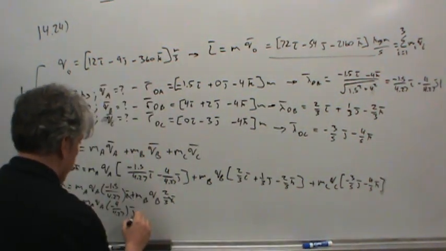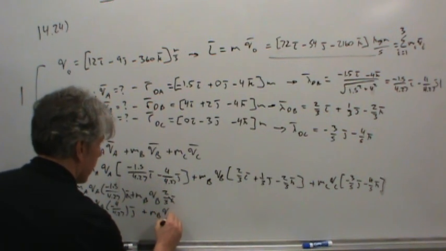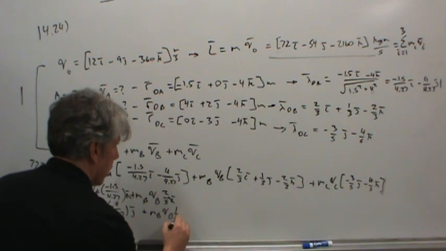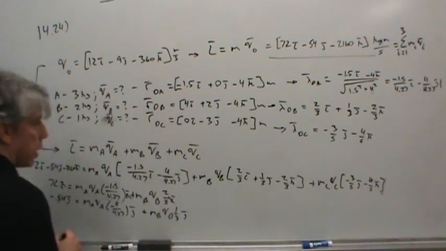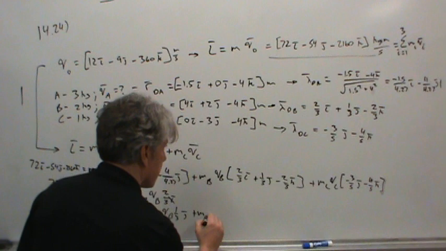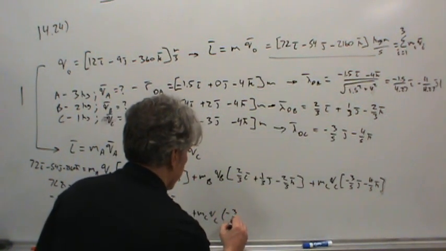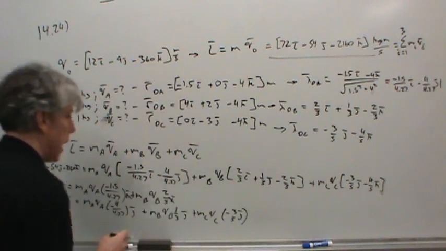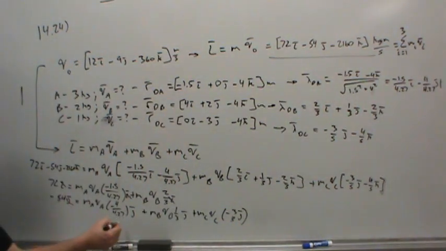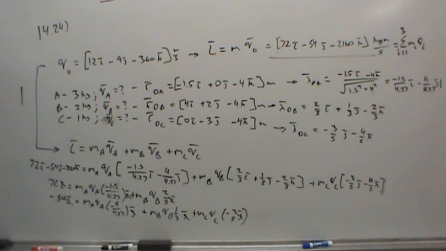B has a contribution, so plus mass of B, velocity of B, times 1/3 J. And then the last term, plus the mass of C, velocity of C, times negative 3/5 J. I don't care if the J's are inside or outside of the parentheses, it doesn't make any difference, it's just going to cancel. So now we have 2 equations and 3 unknowns.